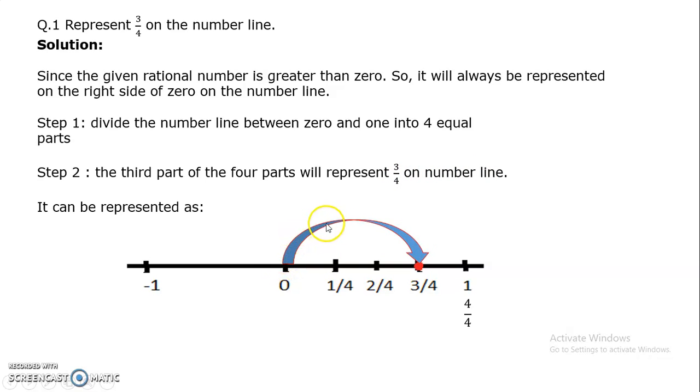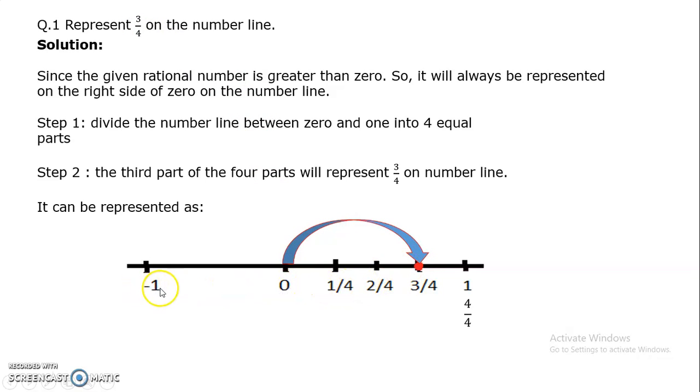So from 0 to 3 parts is 3 by 4. Understood? The first step is dividing the first unit from 0 to 1 into 4 equal parts, because here the denominator is 4, and then just represent from 0 to that part.